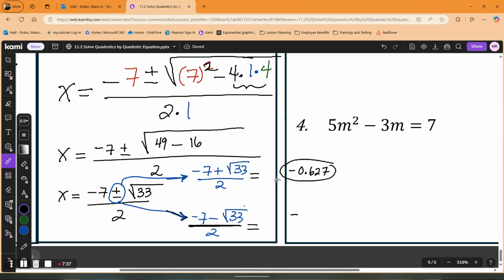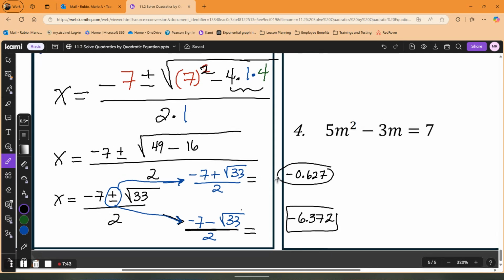And for that one, I get -6.372. So I've got 2 answers here. X is equal to -0.62 and X is equal to -6.3. If y'all need help, I would imagine that some of you will need help putting this into the calculator. We haven't really gone over how to set these up in the calculator, but you should have some experience from other classes, so just let me know.